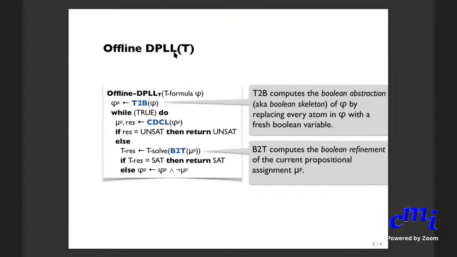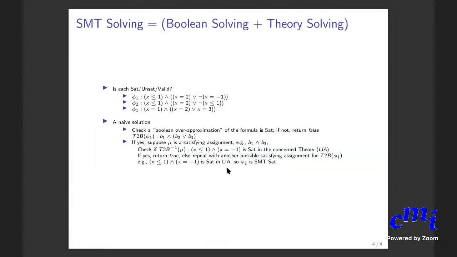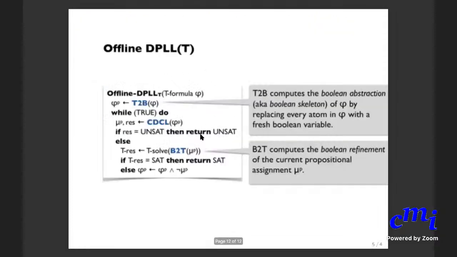This kind of procedure, for various historical reasons, is called DPLL(T), because DPLL originates what is there at the core of most Boolean solvers. So what I just described informally is described in this procedure.